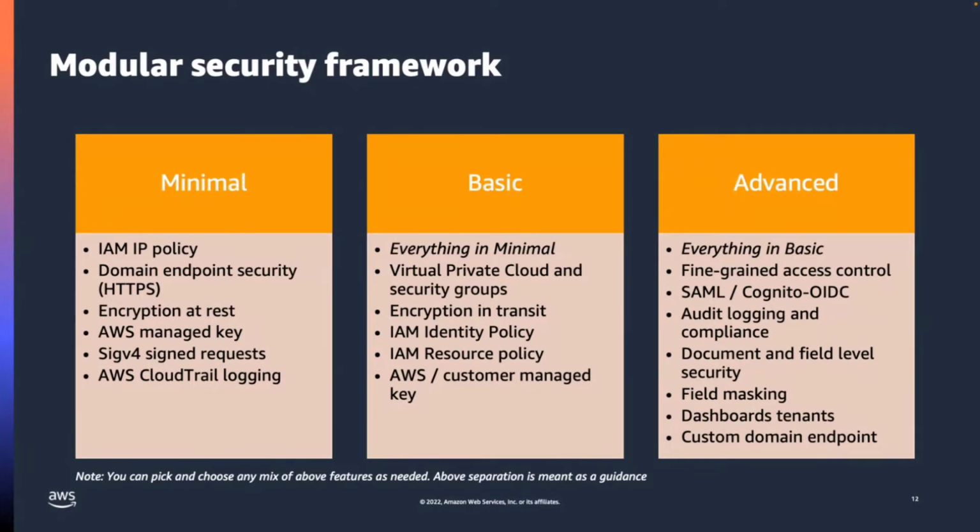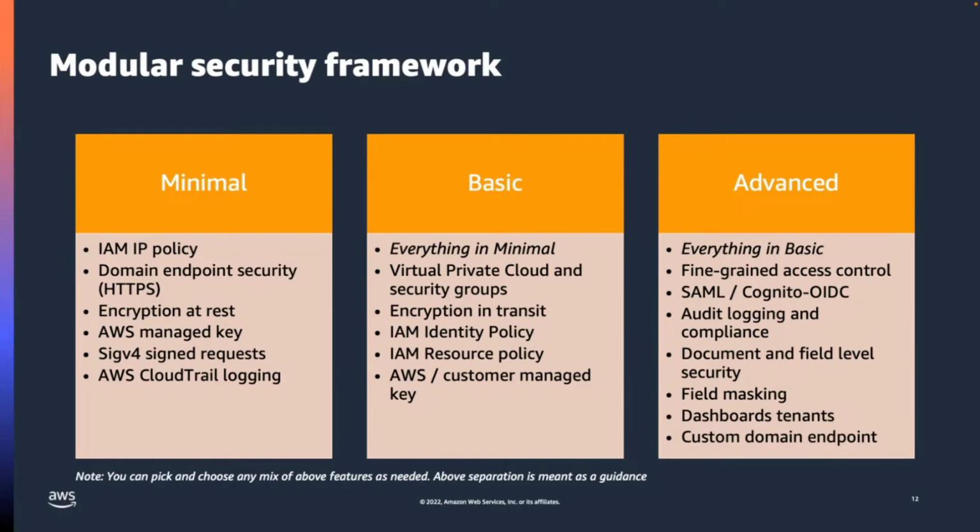Moving on to the middle bucket, which is your basic bucket. Certainly, you want to enable everything we talked about in minimal, but in addition, we highly recommend that you enable virtual private cloud on your domain. You can also add security groups and other VPC configuration that further limit what type of traffic can come into the VPC and what type of traffic can leave the VPC.